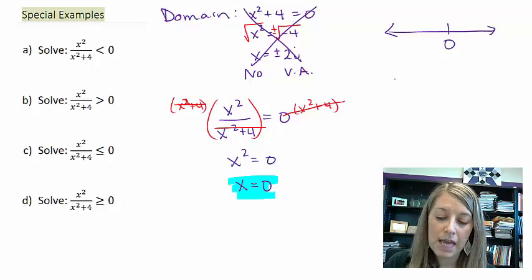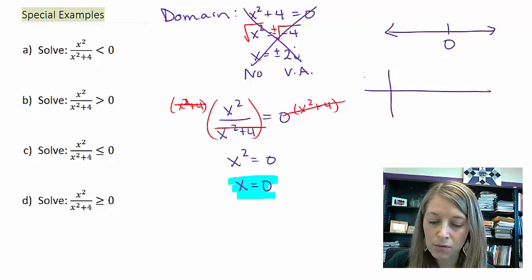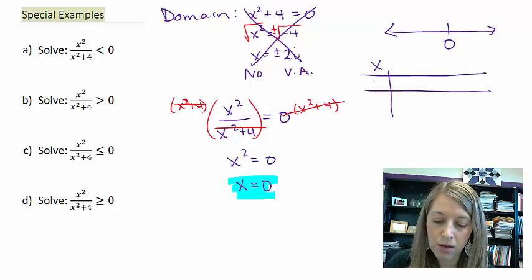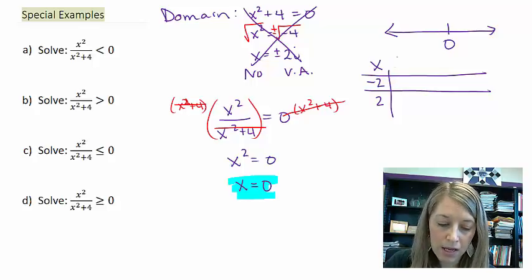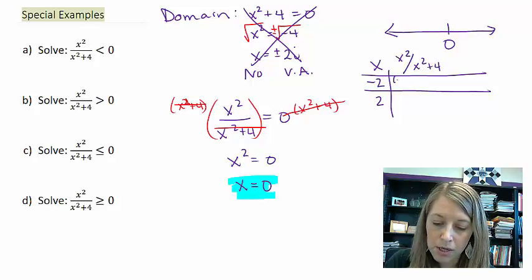Okay, so let's see what's happening on both the left and the right-hand side of this number line. So I'm going to pick my x values as something smaller than this and something greater than this. Well, for smaller than it, I'm just going to plug it into my original equation. Gives me -2 squared over -2 squared plus 4.